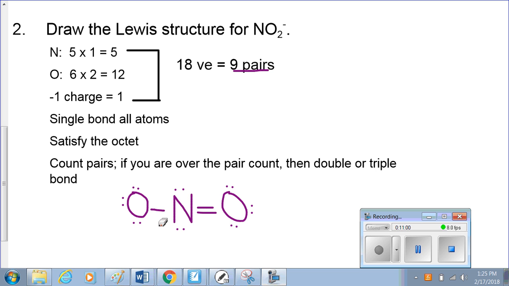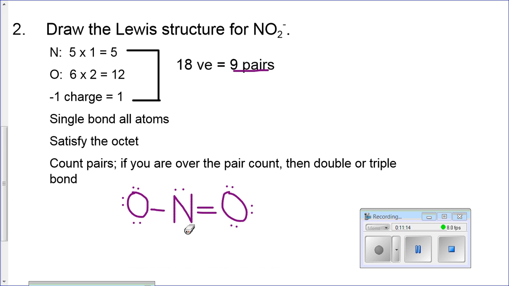It has 8 valence electrons: 2, 4, 6, 8. The nitrogen, on the other hand, has 2, 4, 6, 8, 10. Can't have more than 8. So I'm going to take off a pair there. And now nitrogen has 8 valence electrons. It's fine. Over here on the right, though, this oxygen has 2, 4, 6, 8, 10. Can't have that.